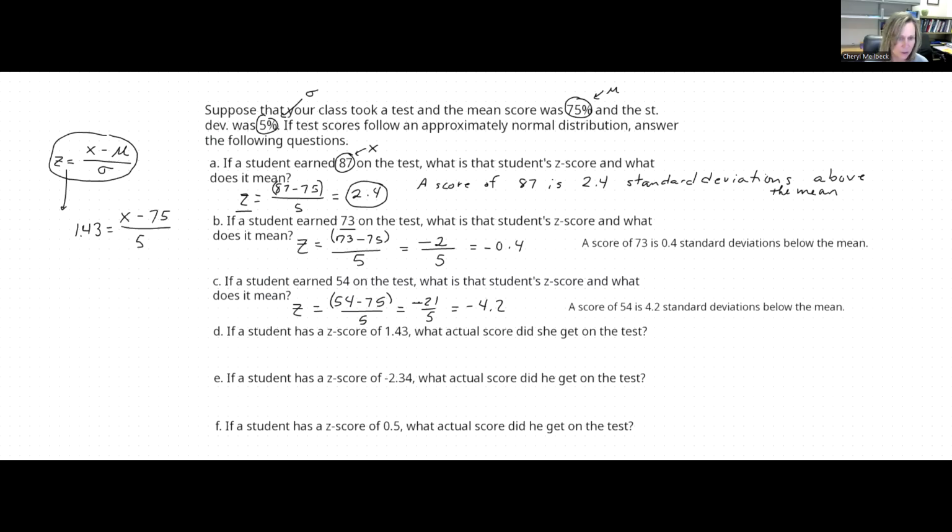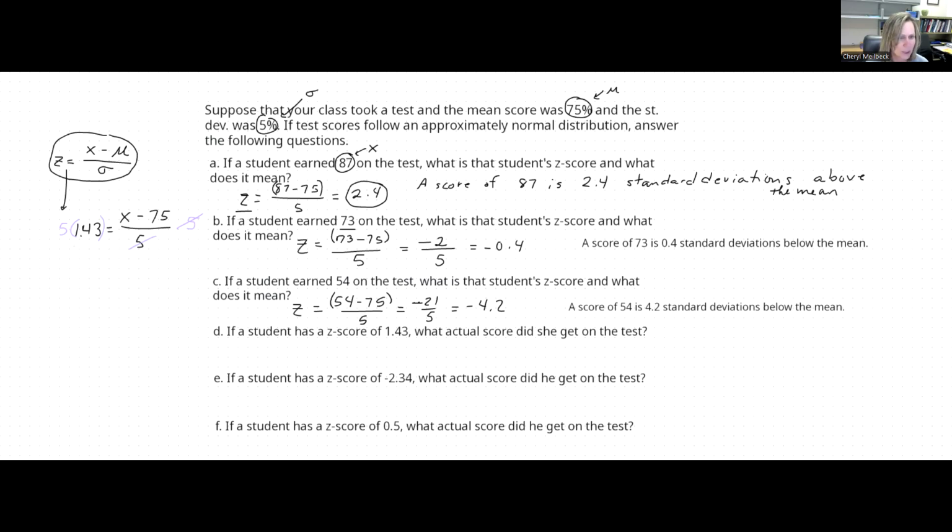When we do calculations like this, what we wind up doing is multiplying both sides by the standard deviation. In doing so, you may remember from an algebra course, that cancels the 5 on the right side of our equation because you're dividing by 5 but multiplying by 5. They undo each other. So you're just left with the x minus 75. That's how we solve it.